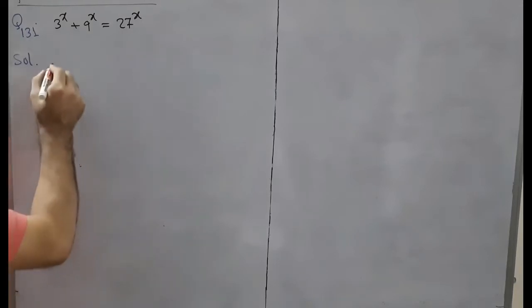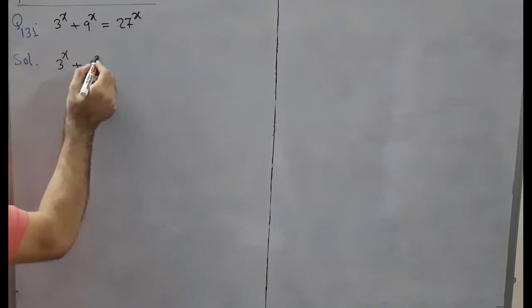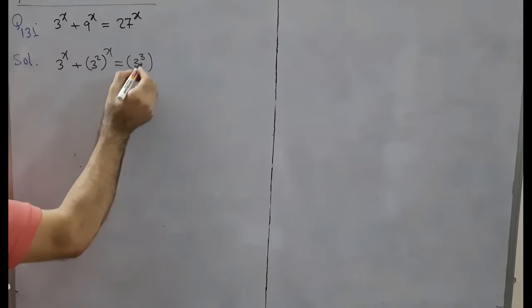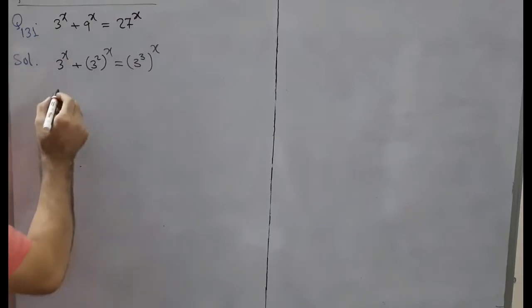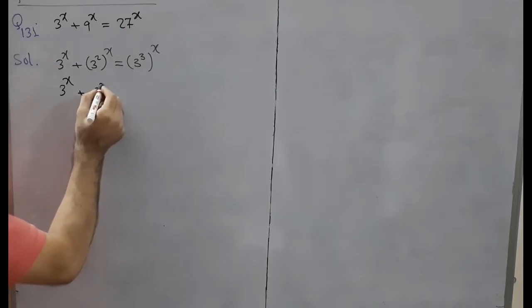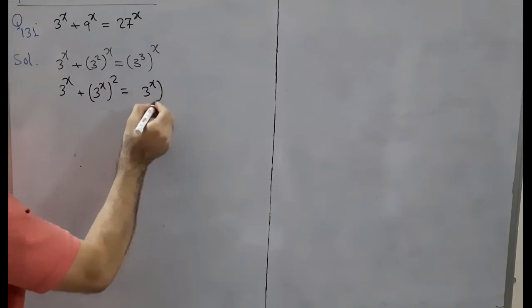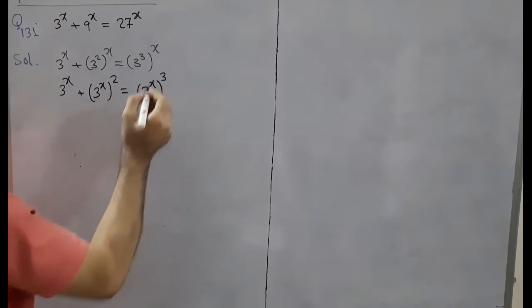Solution: 3 to the power x plus (3 square) whole to the power x is equal to (3 cube) whole to the power x. Here we can write 3 to the power x plus (3 to the power x) whole to the power 2 is equal to (3 to the power x) whole to the power 3.